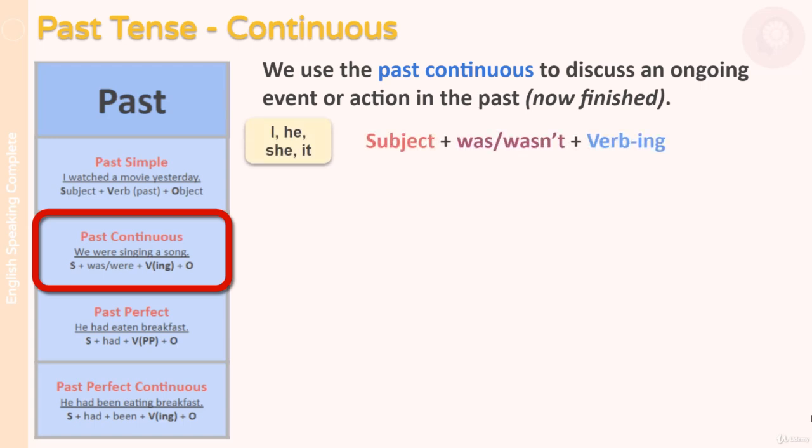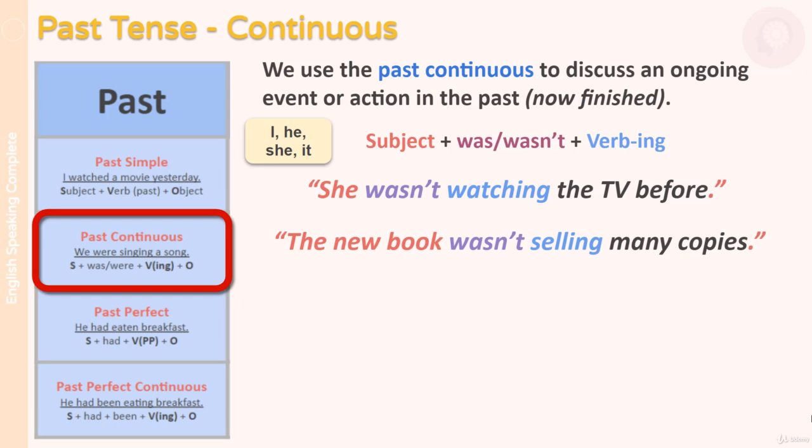So in the pronouns I, he, she, it, we have subject plus was or wasn't for the negative plus verb ing plus the gerund. She wasn't watching the TV before. The new book wasn't selling many copies.